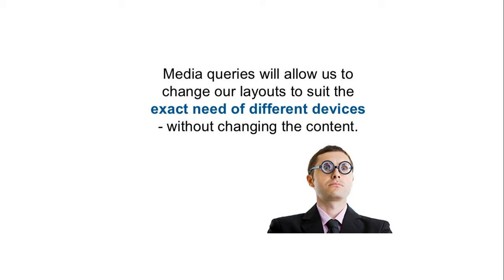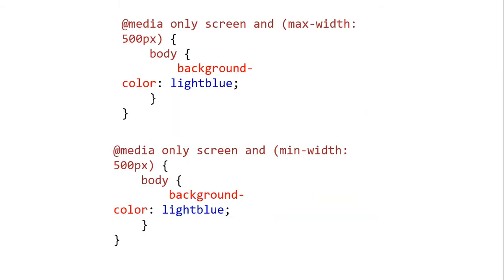You don't need to change the layout of the page for different screen sizes. You just need to put media queries in your CSS file, and then you can change the layout of your web page. We'll see later how you can change the styles or the animations using media queries.